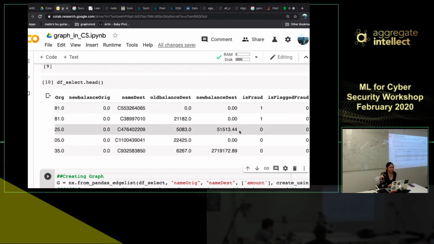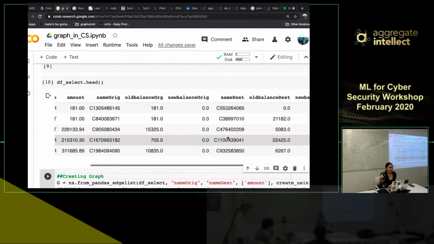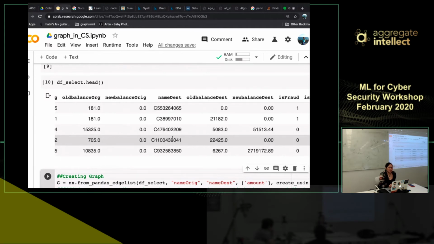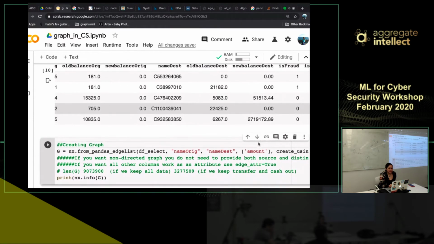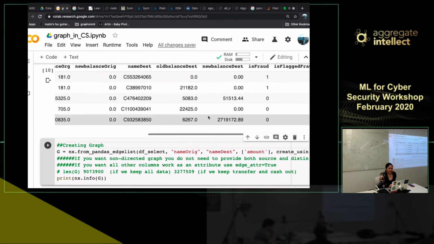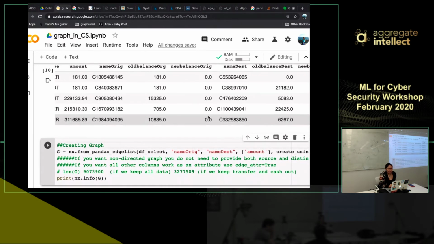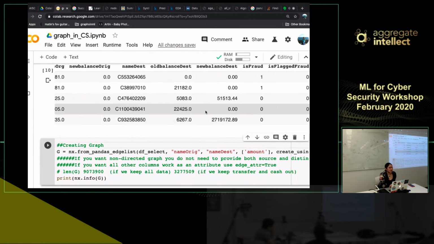For the destination, it doesn't change. Logically, if a transfer goes to the destination, the new balance should be the amount plus the old balance. Maybe they robbed the destination account. I was wondering that. But it's not marked as fraud. This one is not fraud as well.